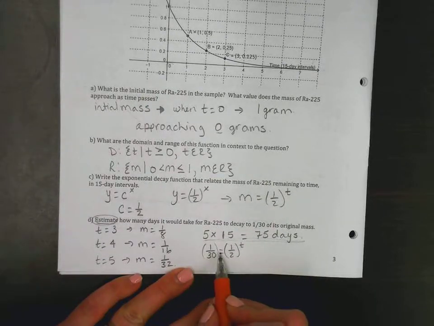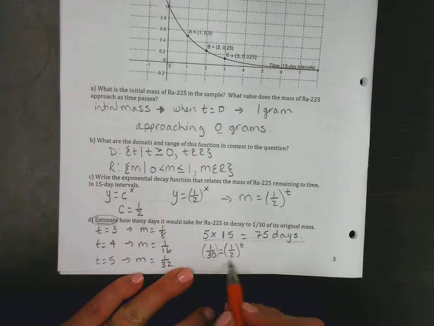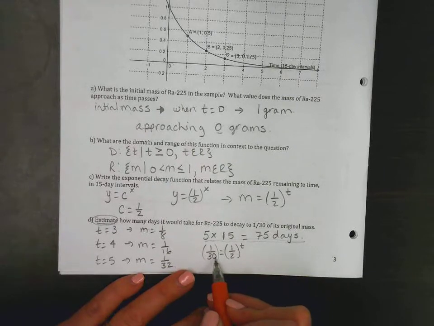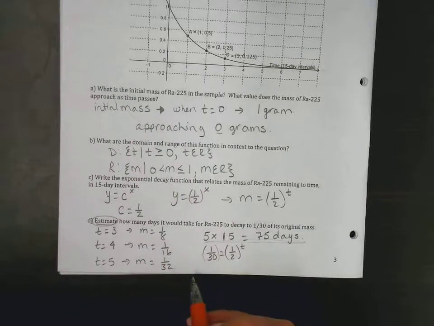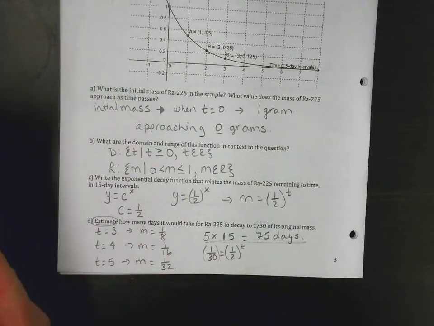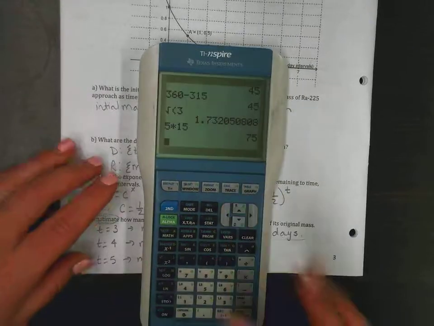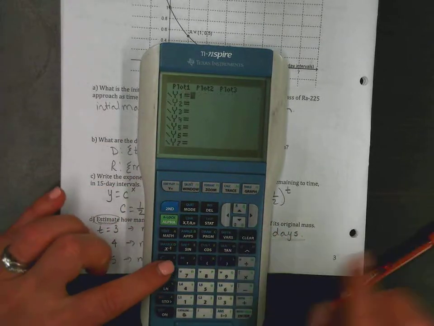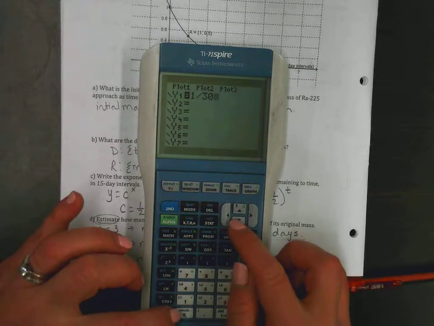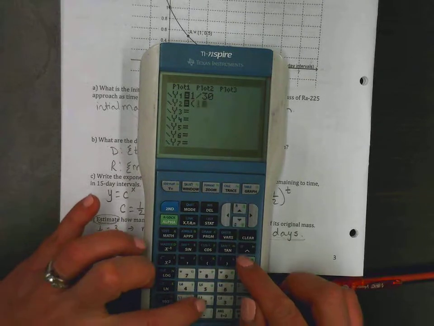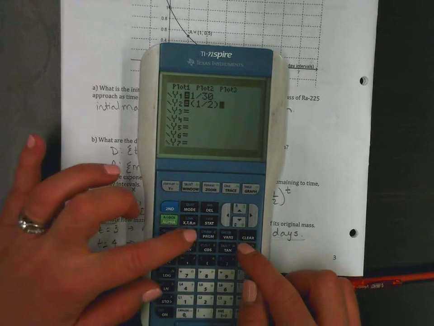Well, in order to solve this, because we've learned how to solve exponents with a common base before in Math 20, but we can't get a common base between the 30 and the 2, I'm just going to use my calculator to solve this for today. In y1, I'm going to put in 1/30th, and then in y2 I'm going to put in my equation 1/2 to the power of x.